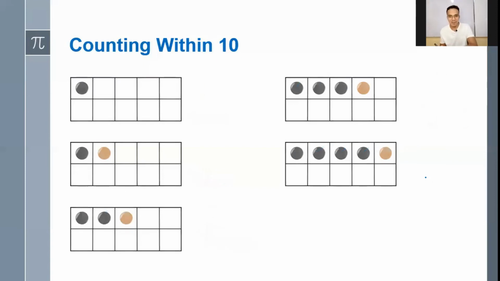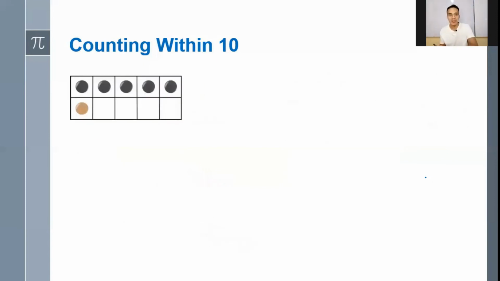And next number is number 6. There are 6 counters in the 10 frame. Let's count if there are really 6 counters. 1, 2, 3, 4, 5, and 6.